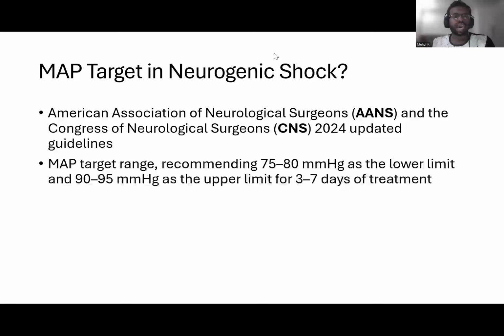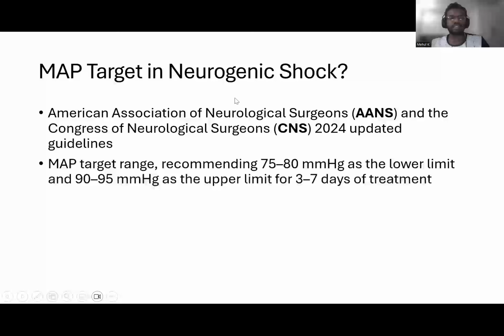The MAP target is going to be somewhat different to the MAP target used in a sepsis patient. They give a range to target because they feel that targeting a single MAP all the time might not be feasible. As far as the latest criteria goes, the range is anywhere between 70 to 80 up to 90 to 95 MAP, and you maintain this for 3 to 7 days of treatment.